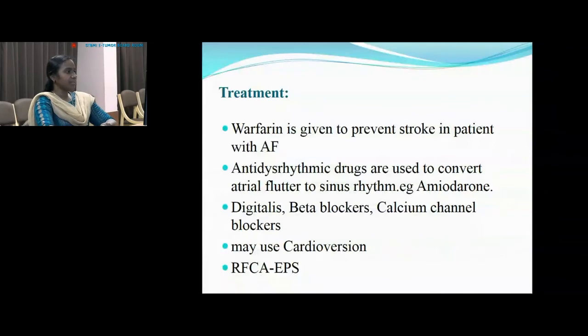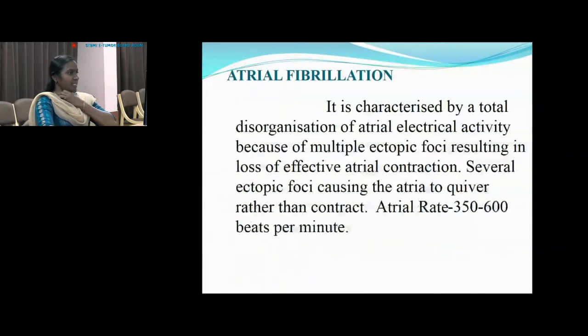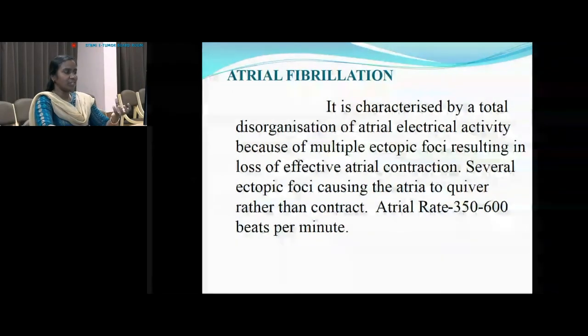Next one is atrial fibrillation. It is characterized by a total disorganization of atrial electrical activity because of multiple ectopic foci, resulting in loss of effective atrial contraction. In atrial flutter, we saw a single ectopic focus, so the P waves are regular in duration and pattern, and the atrial contraction will be effective compared to atrial fibrillation.